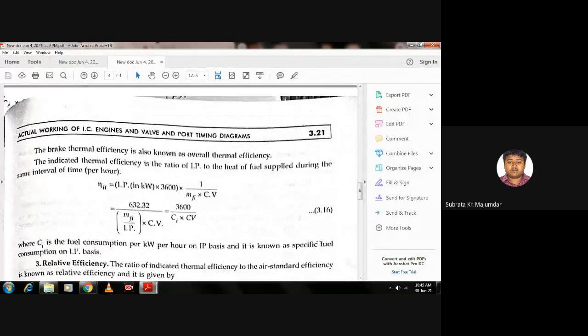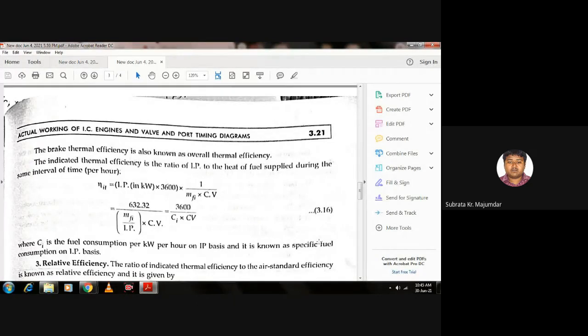The brake thermal efficiency is also known as overall efficiency, and the indicated thermal efficiency is the ratio of indicated power to the heat of the fuel supplied during the same interval of time.